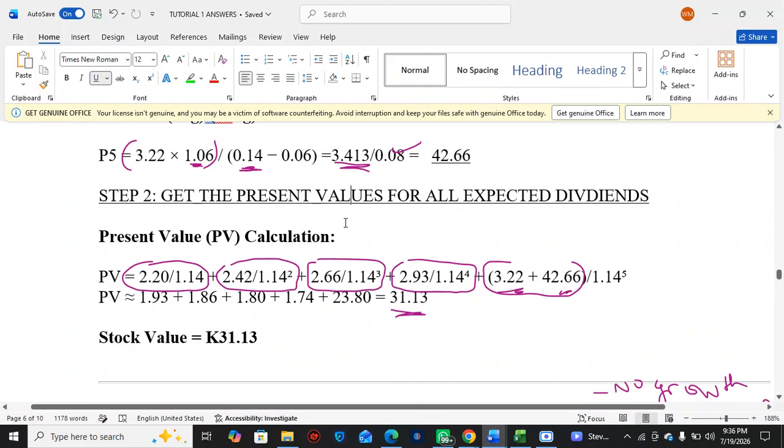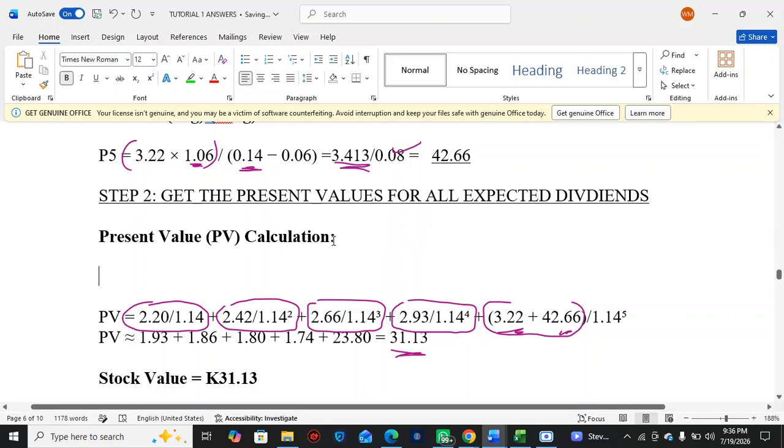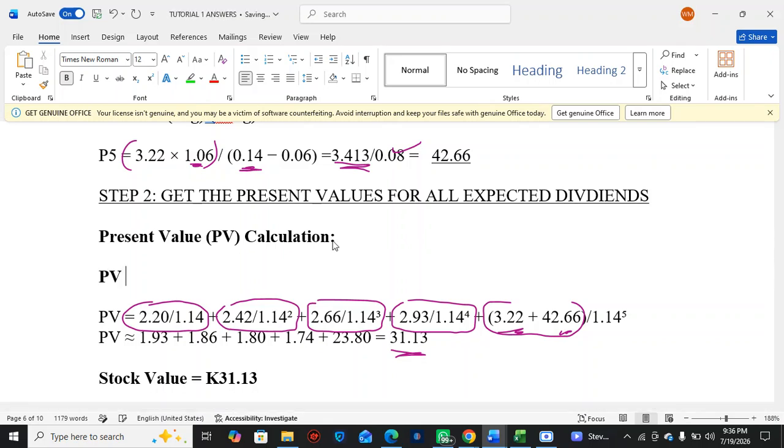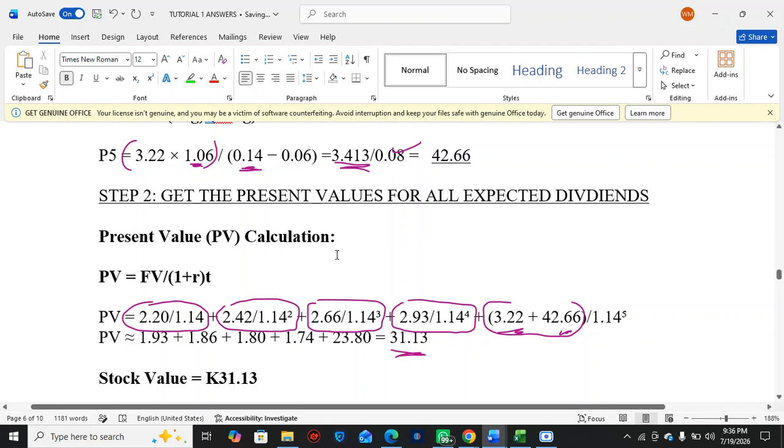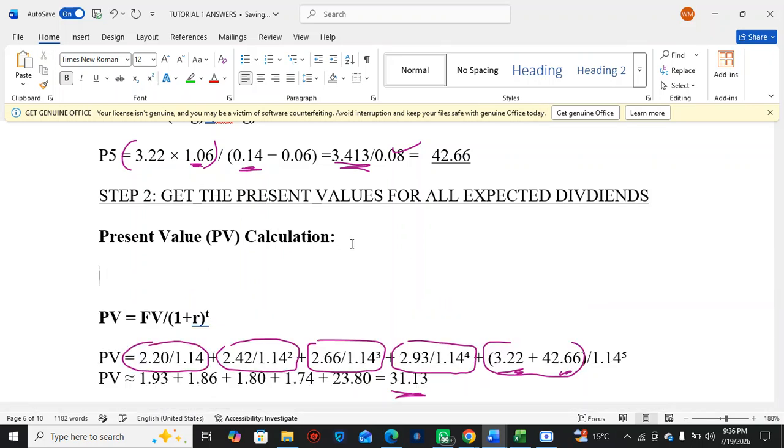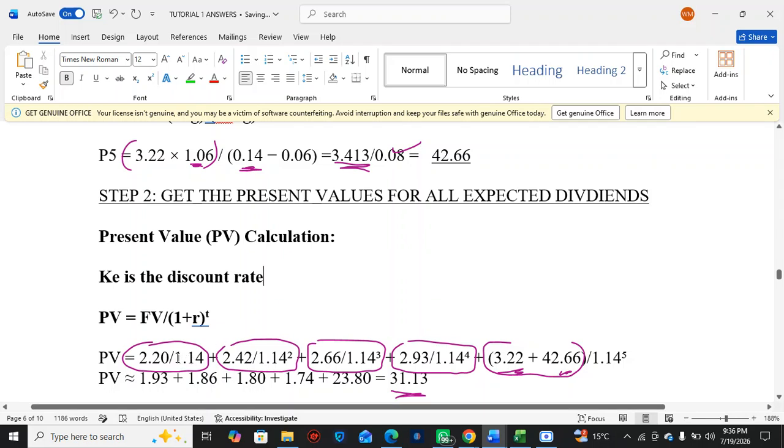Okay. So for me, I use this formula here. Present value equals future value over 1 plus r to the power t. Our discount rate, always remember, KE is the discount rate. So do not discount this like here, this dividend at 10%, this one at 10%.